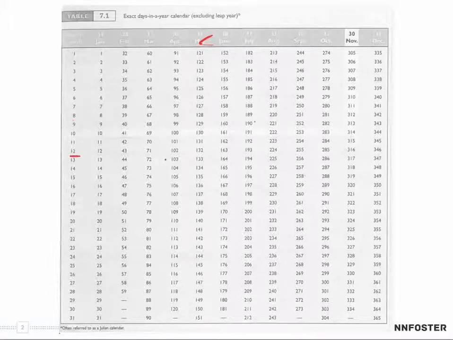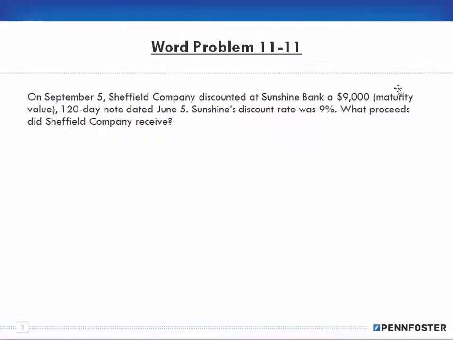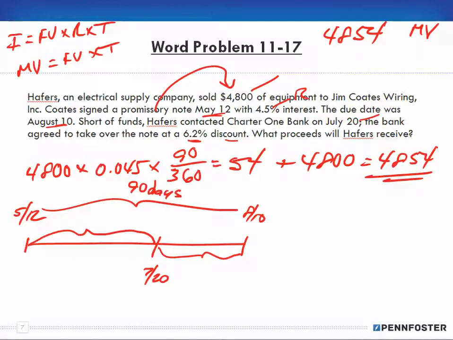So here was May, here's the 12th, so that's 132. But it was July 20th, which gives us 201, minus the 132 is the number of days that had passed before the bank took over that note, which is 69 days. So here is 69 days that have passed out of this 90-day note, which means that the discount period over here is 21 days. Okay, so it's 21 days for the discount period.